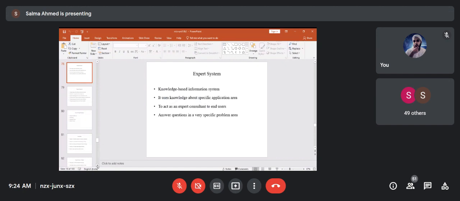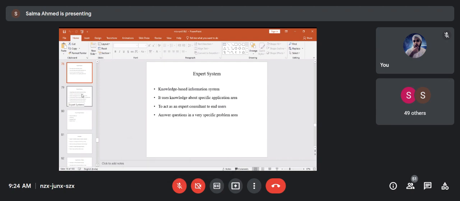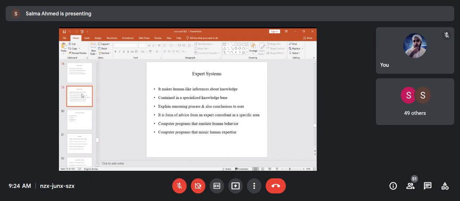It acts as an expert consultant and advises the end users and answers questions in a very specific, very focused problem area. It will not answer about general medicine, but it will answer about maybe a specialized disease. So it's a highly knowledge-intensive program.